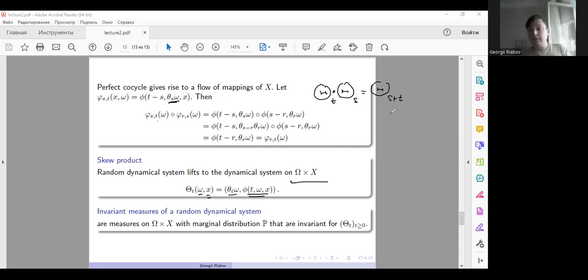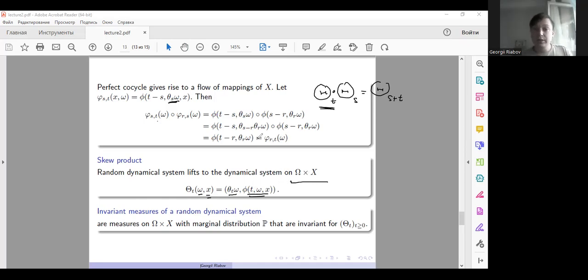This fact allows us to bring dynamical systems into the study of stochastic flows, in particular to use ergodic theory for dynamical systems in the study of flows. For example, the invariant measure of a random dynamical system is just the invariant measure for the dynamical system on the product.